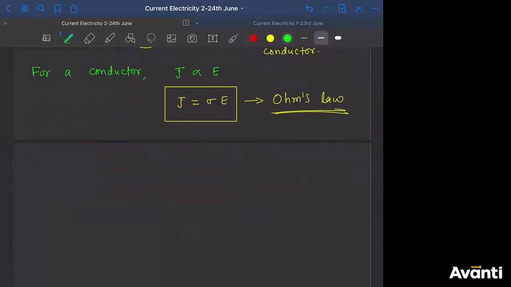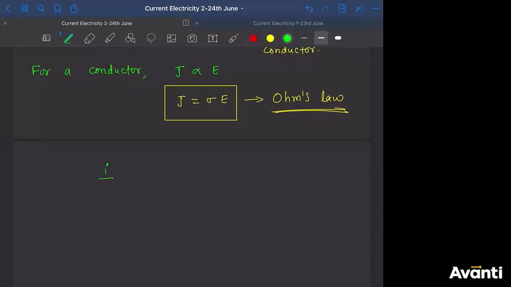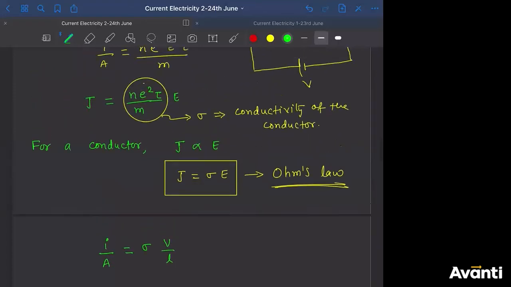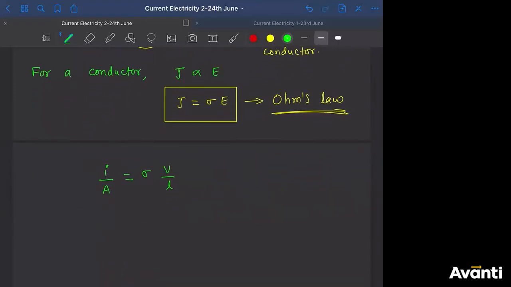So can I write this J is equal to I divided by A is equal to sigma into E can be written as V divided by L. ठीक है? I can write E is equal to V divided by L because potential difference is constant. ठीक है?